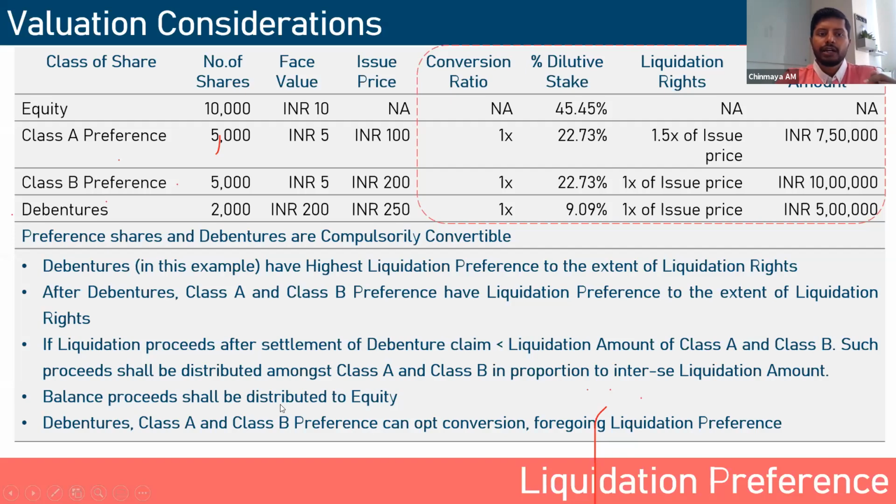Then the balance proceeds after honoring Class A and Class B shareholders will go to equity. So debentures, Class A and Class B preference shares can opt for conversion, foregoing the preference.